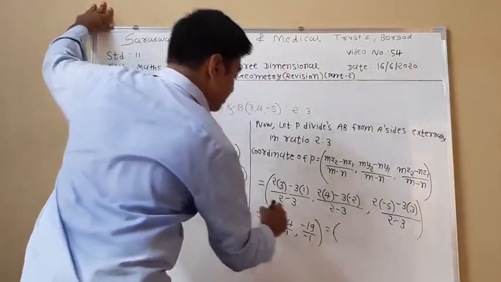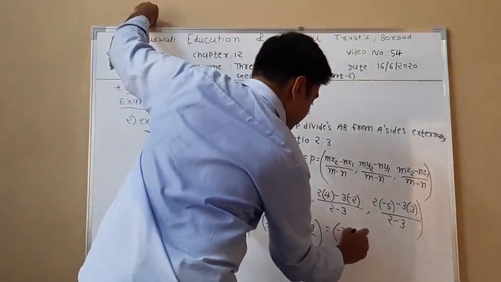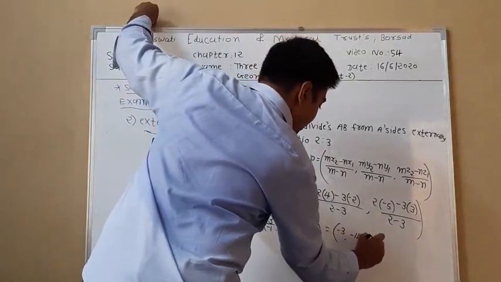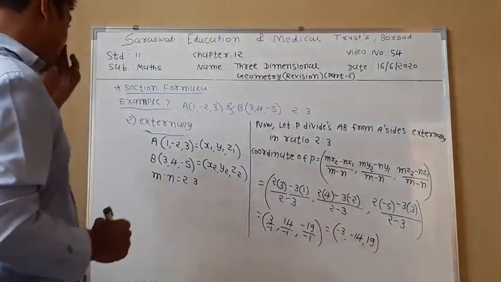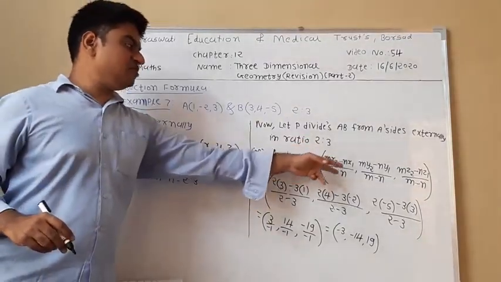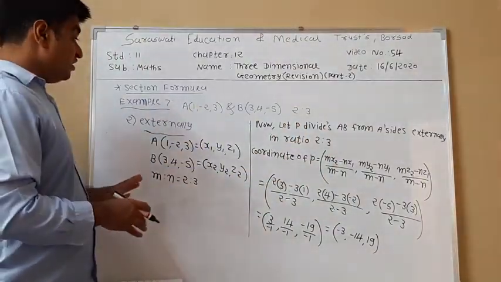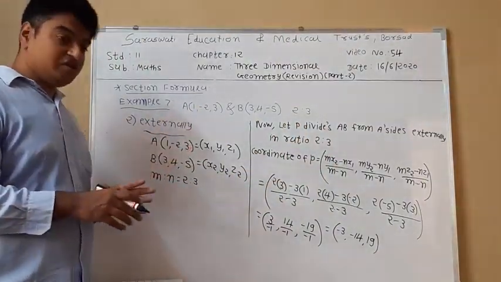So our final answer is 3 upon minus 1, that means minus 3, minus 14, comma 19. Clear? So in externally, change the sign: plus in place of, in between we write minus sign, and in internally we write plus sign.